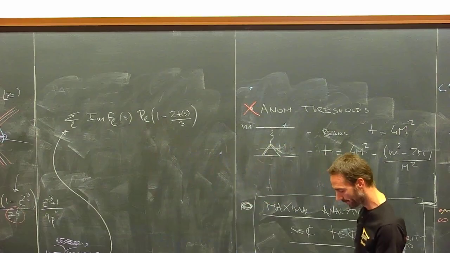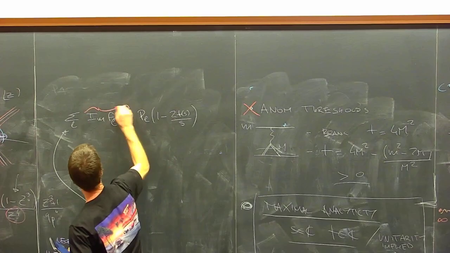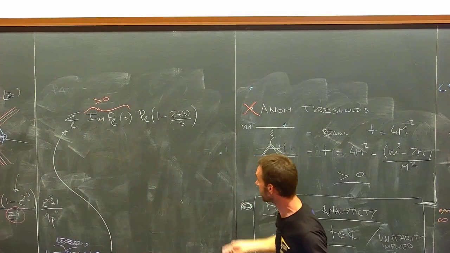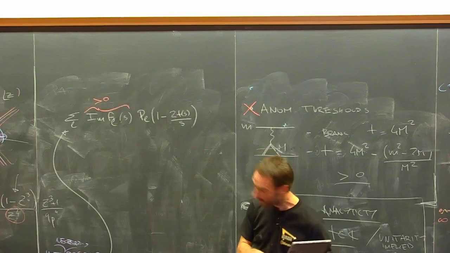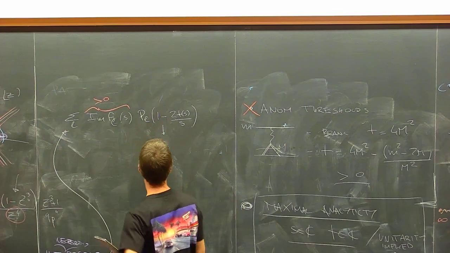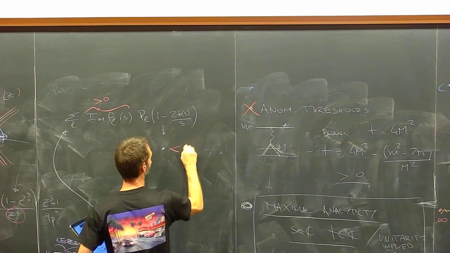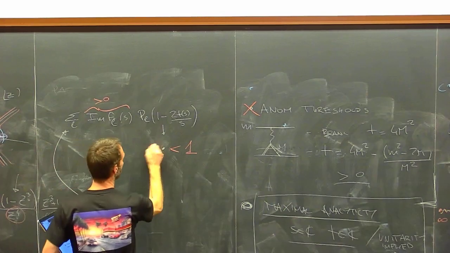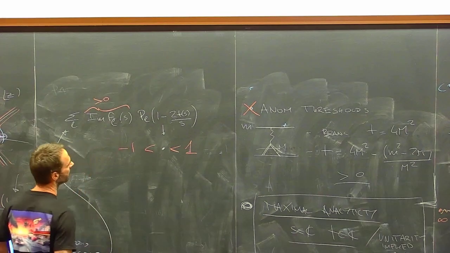So we have something that looks like this, and this thing is positive. So the whole thing is not necessarily positive because the Legendre polynomials oscillate. However, the Legendre polynomials are themselves always bounded by 1, and they're bigger than minus 1.